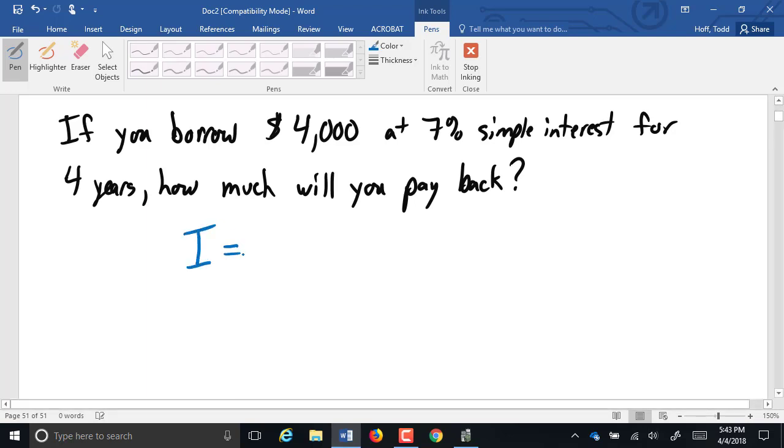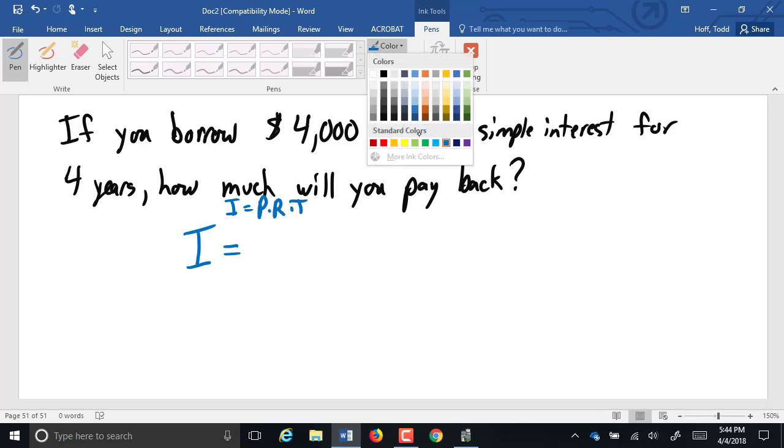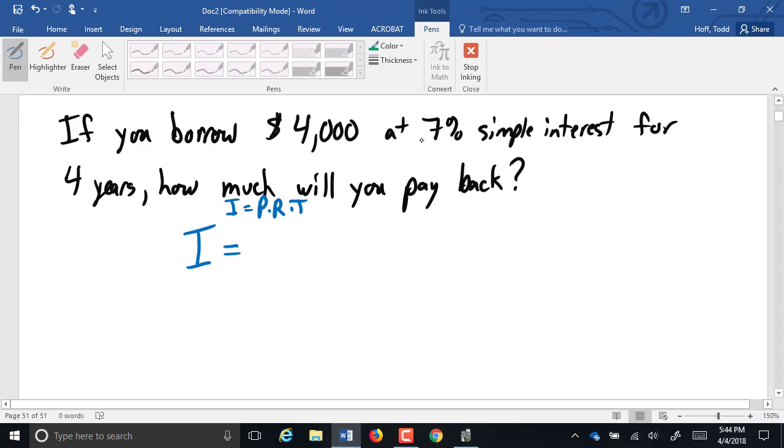So anyway, we're going to start out by finding the amount of interest. Remember our formula, I equals P times R times T. What is P here? P, the principal, is the amount we start with. That's the $4,000. In this case, we borrowed it, so that's the amount we borrowed.